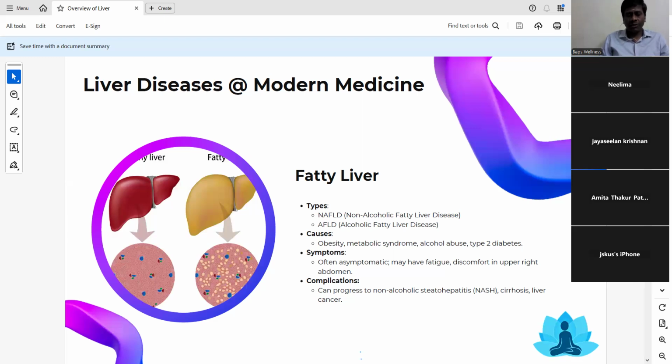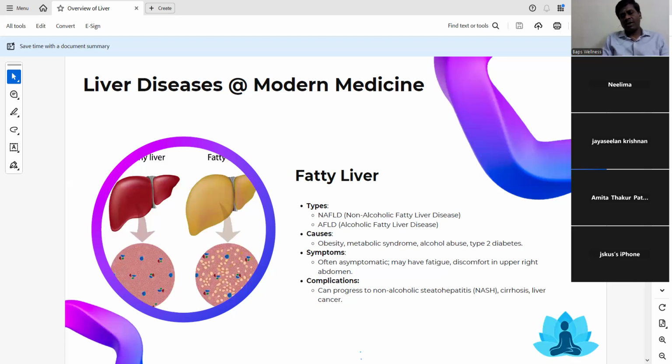So in case of type 2 diabetes, naturally the blood sugar will be higher, and the pancreatic insulin cells as well as the liver cells will be directly impacted by this. That causes more fat accumulation in the liver.